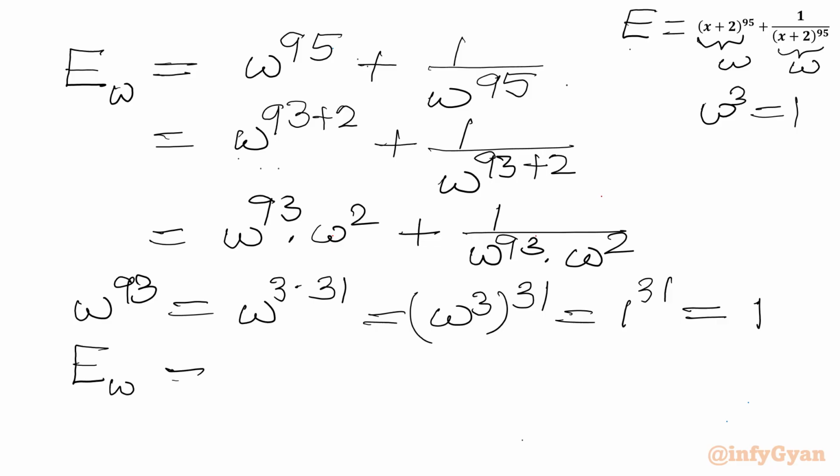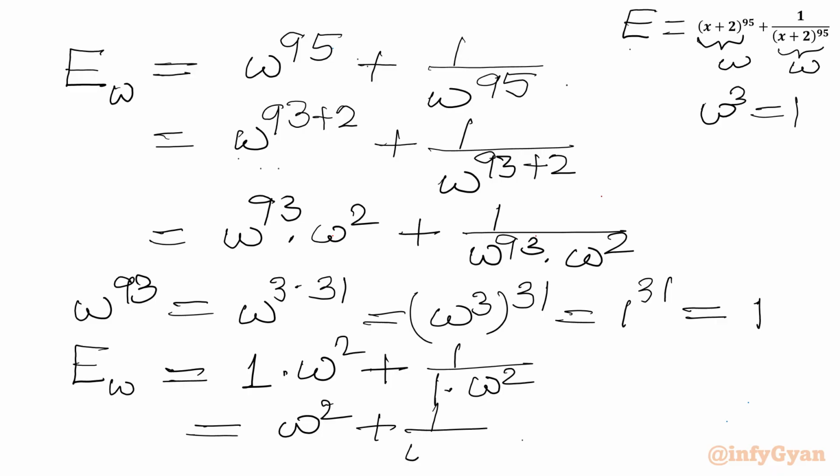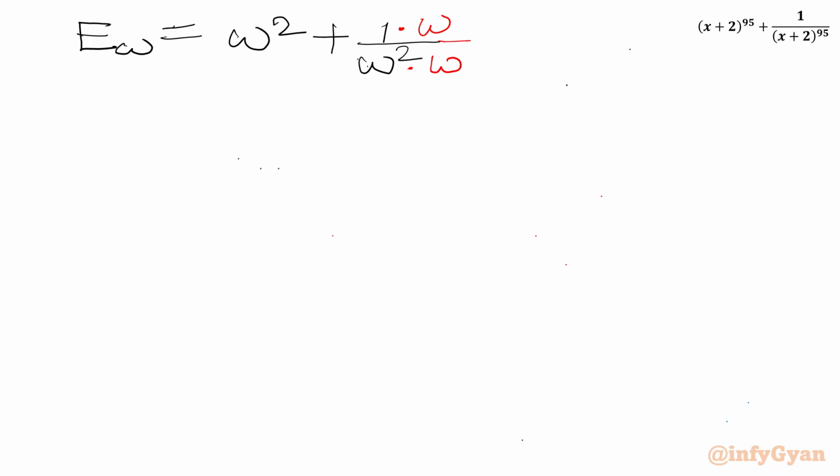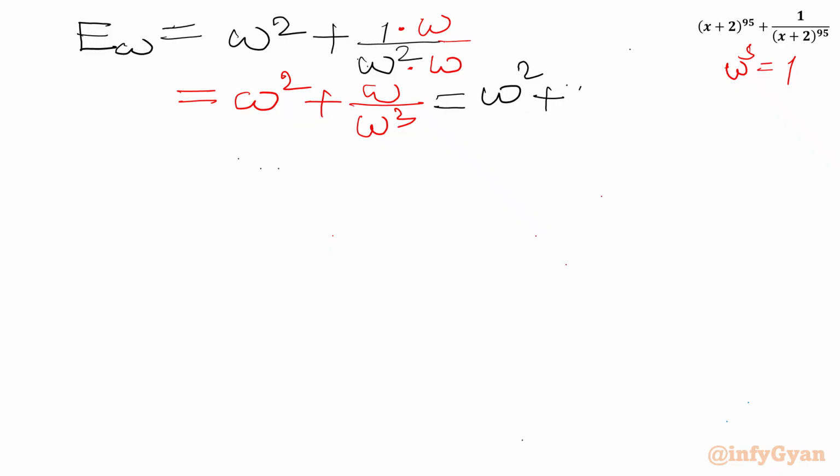So E(omega) will be equal to 1 times omega square + 1/(1 times omega square), which is omega square + 1/omega square. Now I will multiply the numerator and denominator with omega. So E(omega) will be equal to (omega square + omega)/omega cube. Now omega cube is 1, so this will be equal to omega square + omega.